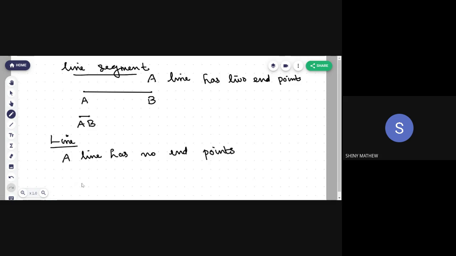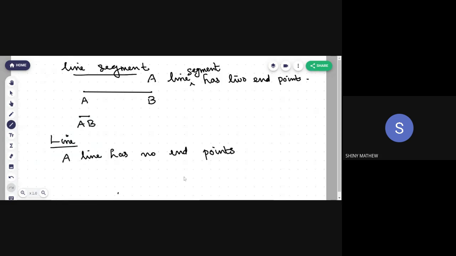A line has no endpoints. That is the main difference. At first you write a line segment has two endpoints, and below you write a line has no endpoints.